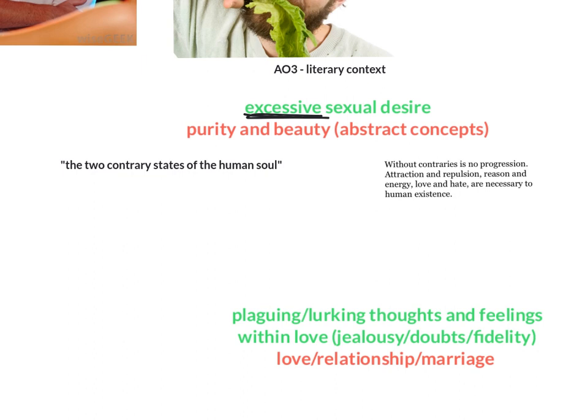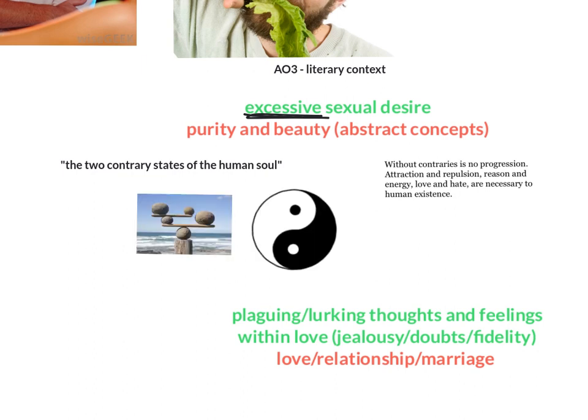So, in this approach, desire is good. Desire is natural. It's joyful to act upon in one side of the scales. But to be excessively ruled by desire, or sexual desire, or have that dominate, is an imbalance. So perhaps part of Blake's aims in writing the Songs of Innocence and Experience is to teach us to strive for, or the importance of, balance and harmony between those two contrary states.